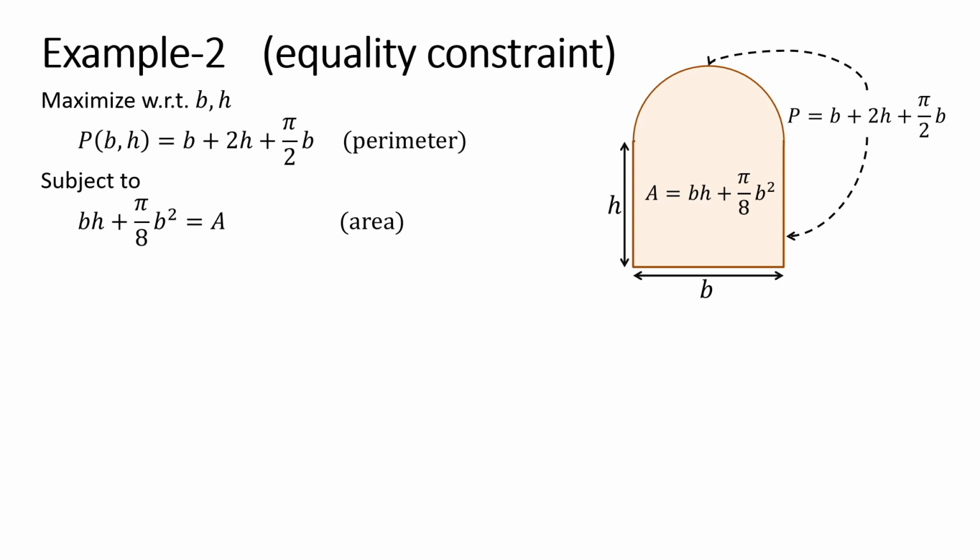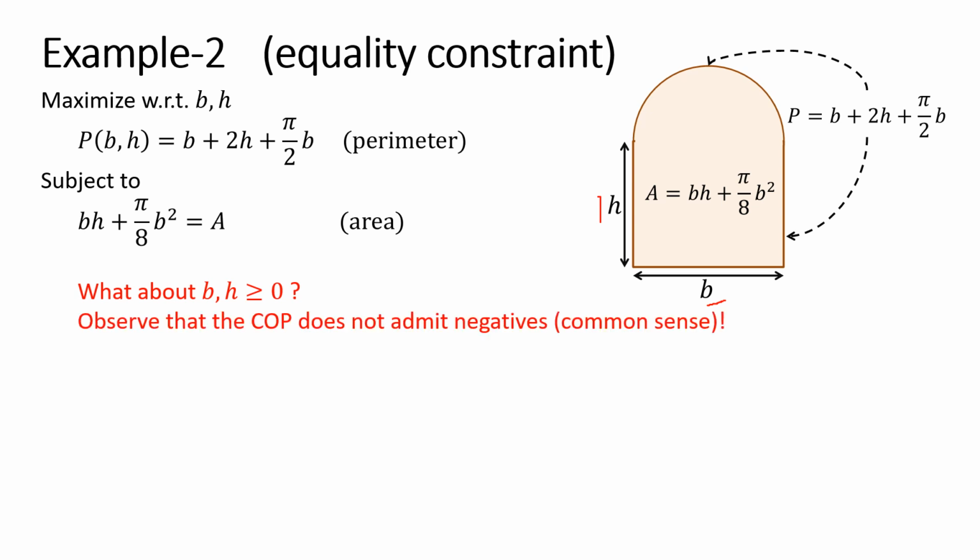Returning to the COP with a single equality constraint, what about b and h, the two parameters of the problem, being greater than or equal to 0? Now we observe that the constraint optimization problem does not admit any negatives, we only have positives in the perimeter and we have positives in the area.